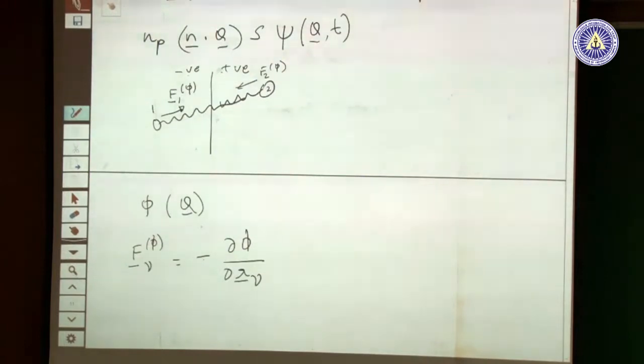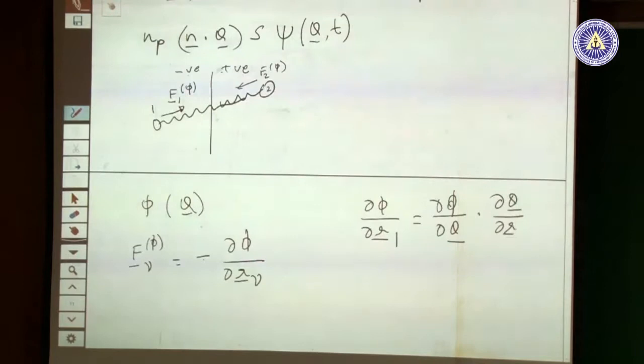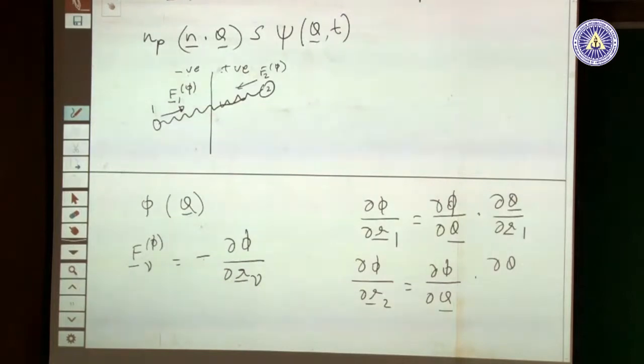But phi is a function of q. So, del phi by del r1 would be del phi by del q dotted with del q by del r1, and del phi by del r2 would be del phi over del q dotted with del q by del r2.